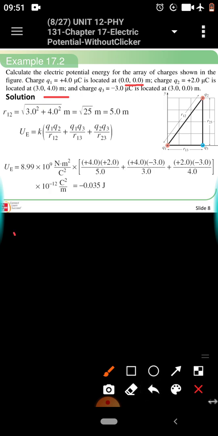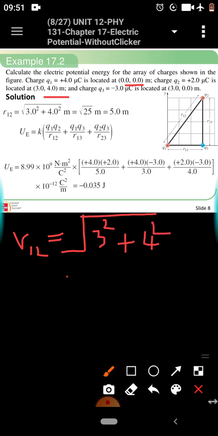So R12 is equal to the square root of x2 minus x1, which is 3 minus 0, which is 3, squared, plus y2 minus y1, which is 4 minus 0, which is 4, squared. This gives us the square root of 25, which is equal to 5 meters. So this is how they found this distance using the points.